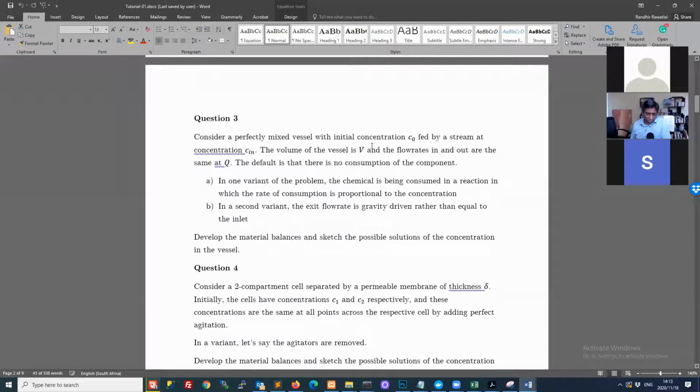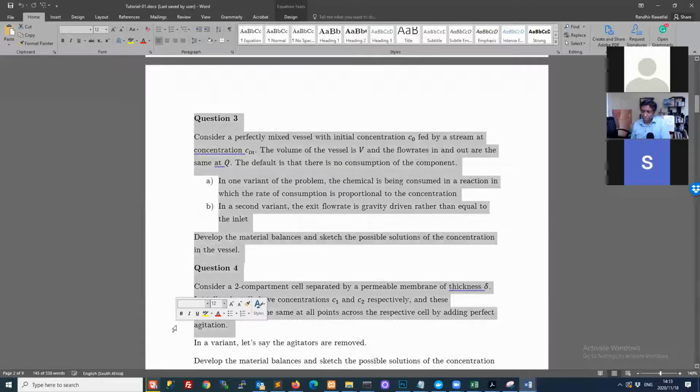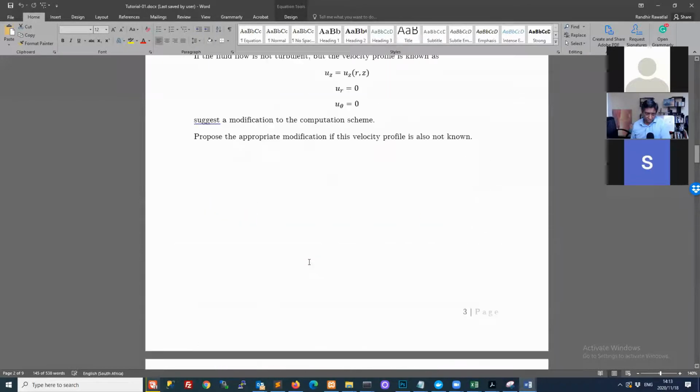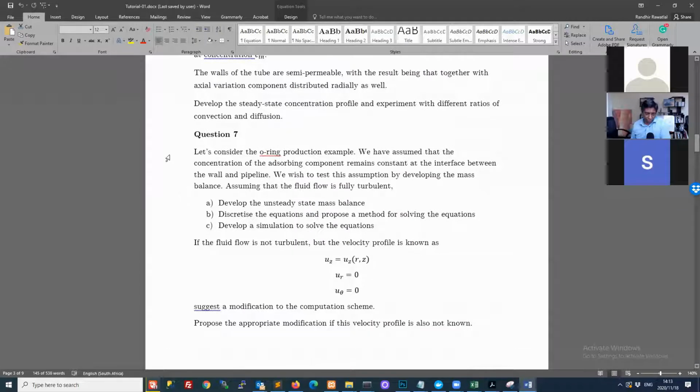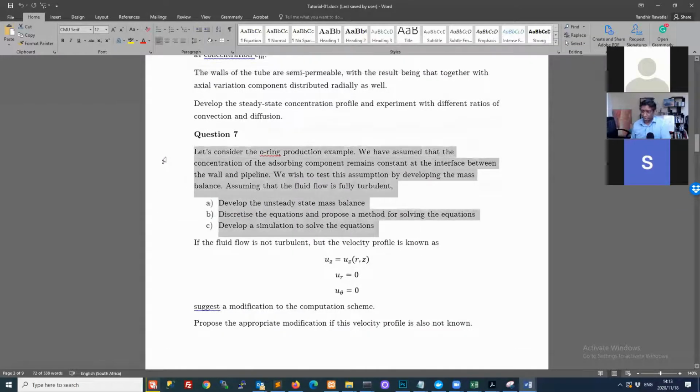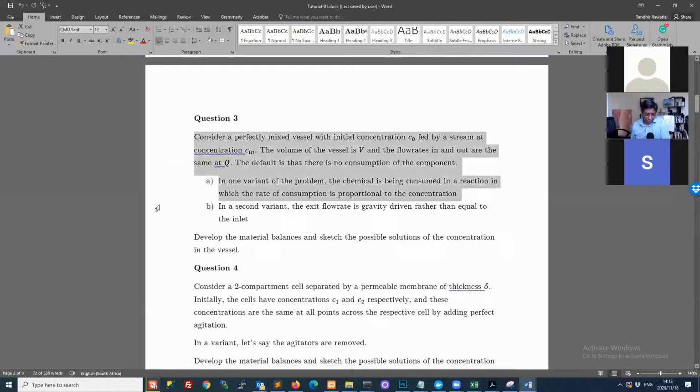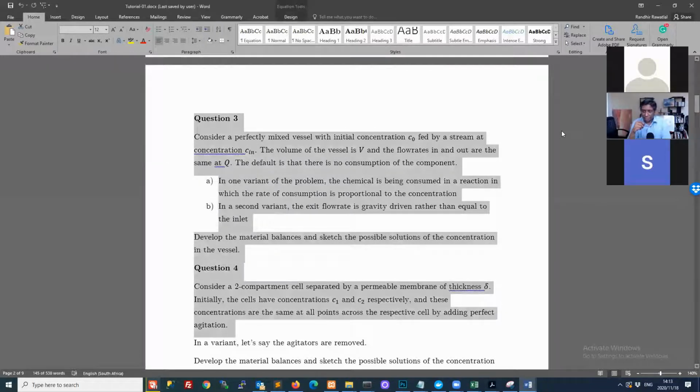And then question 3, so I've substituted some new questions in. That's because the original question 3 mentions an O-ring production example, which is something you won't be able to tackle just yet. So I've put in these other questions which are increasing in difficulty.